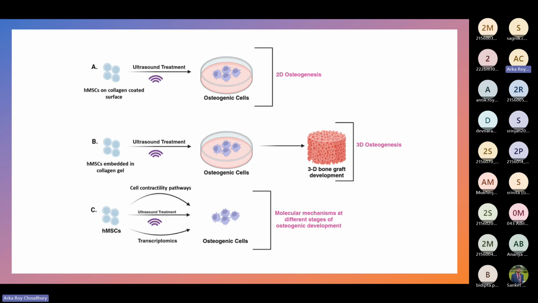If we are successful in 2D, then we treat them in 3D, and if we can make a successful bone graft by culturing those stem cells. So yeah, these are the two projects that I had to share, and that's all.